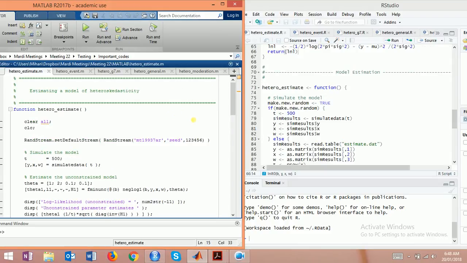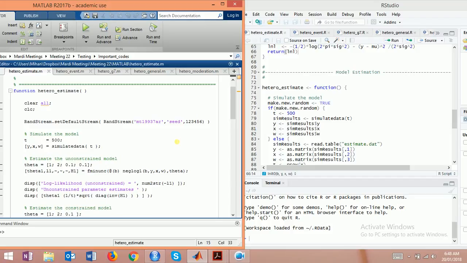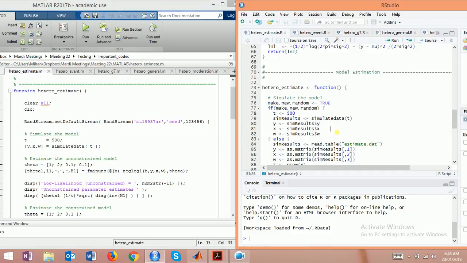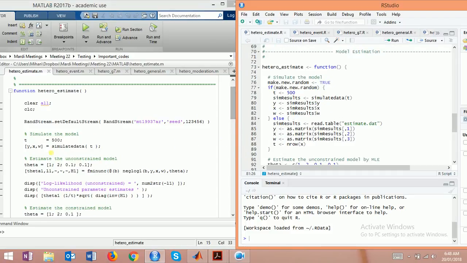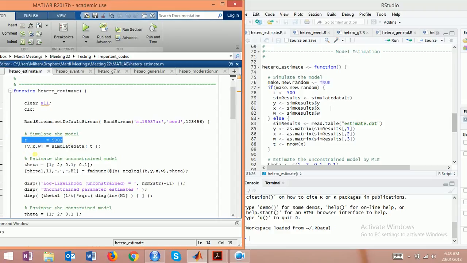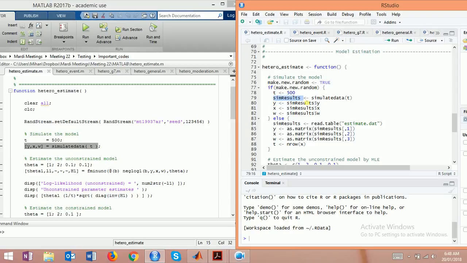Now we specify the model to simulate. This is not necessary, we can simply call the simulate function. It is equal to 500 observations, y, x, w, simulate data t. It will automatically simulate y, x, w in R sim results. In sim results I'm going to store simulate data.